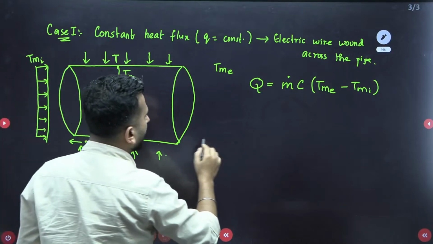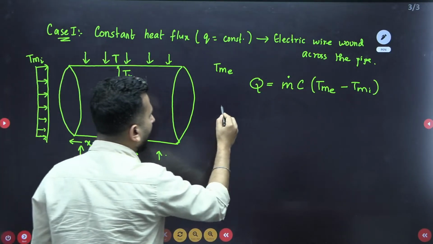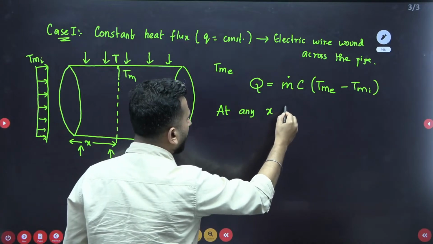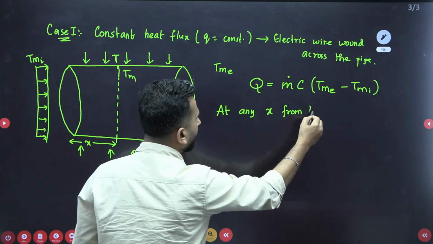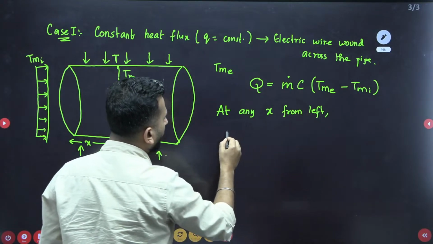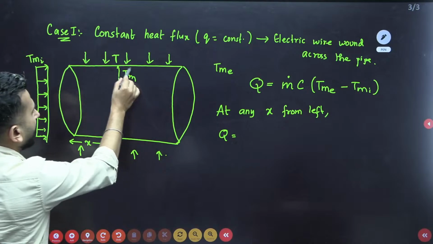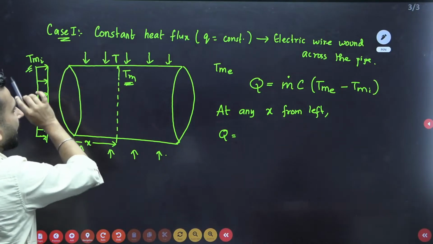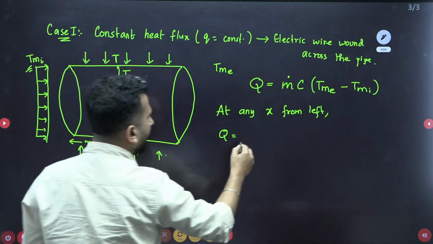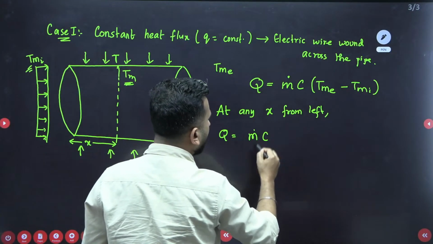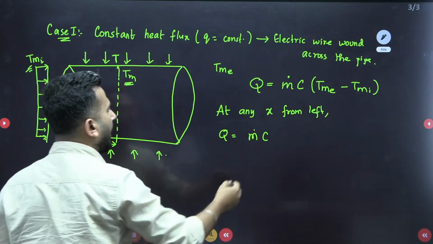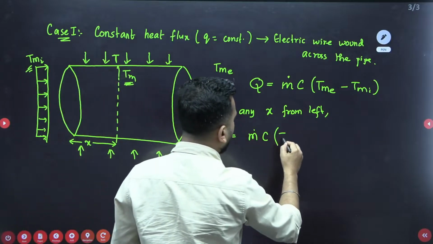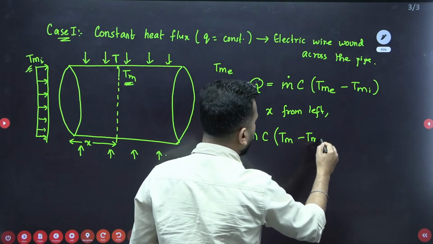Now tell me one thing, at any x from left, if the fluid is having a mean temperature Tm, the initial temperature was Tmi, so how much heat has it taken? It has taken m dot Cp, because constant pressure process only is happening, m dot Cp (Tm minus Tmi).